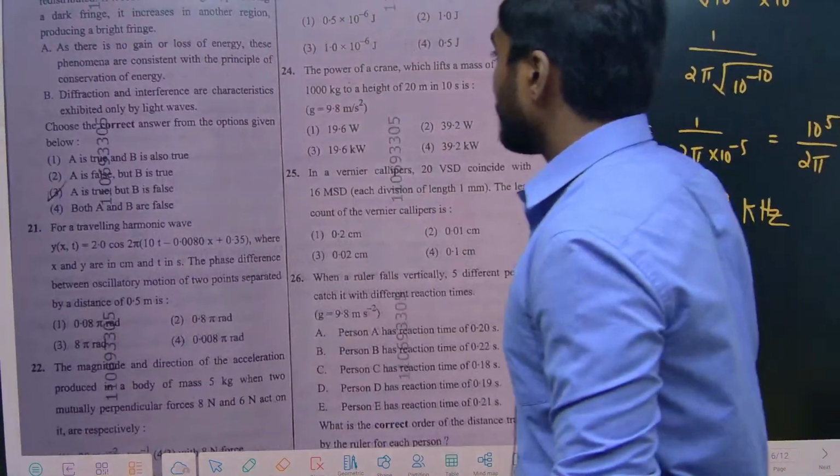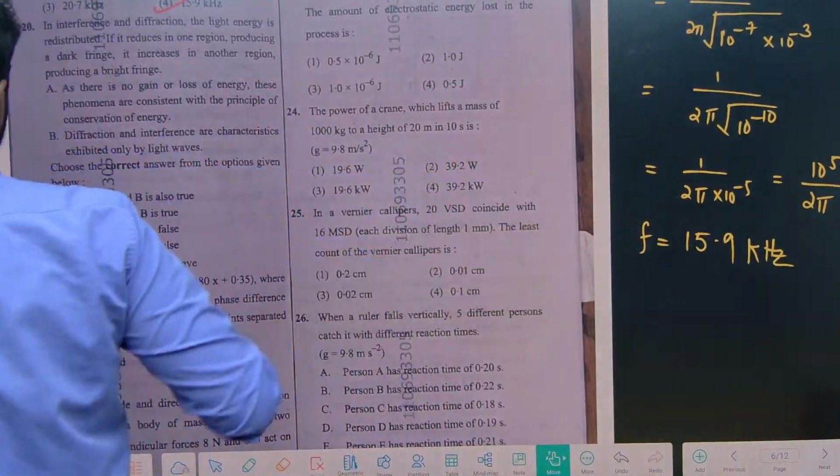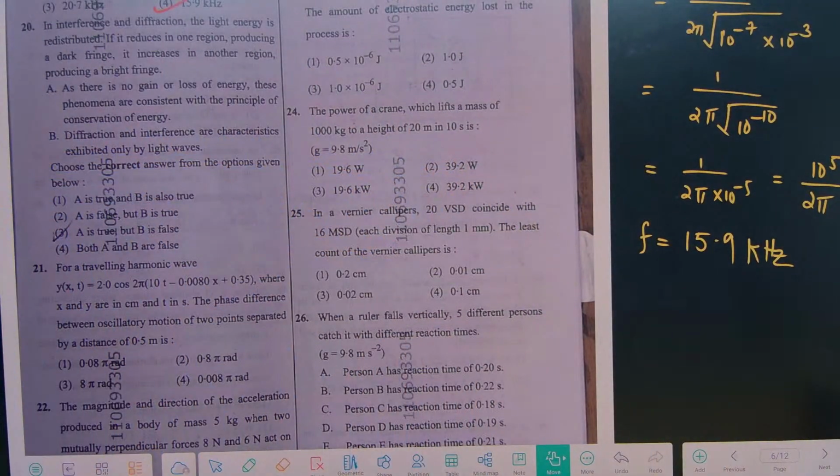20th question: in interference and diffraction, the light energy is redistributed. If it is reduced in one region, producing dark fringes, it increases in another region, producing bright fringes.